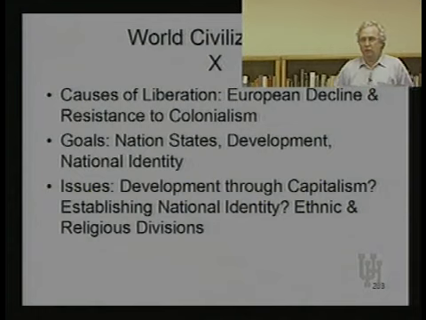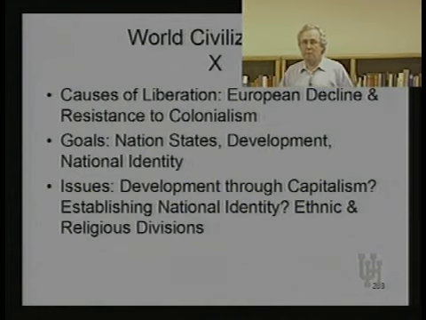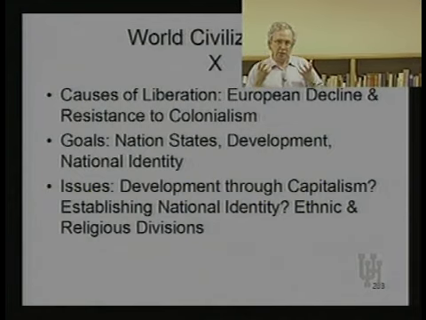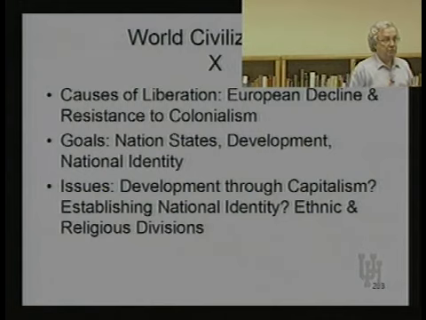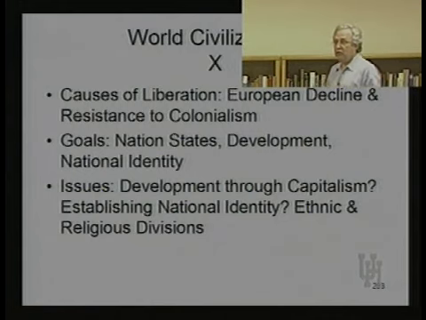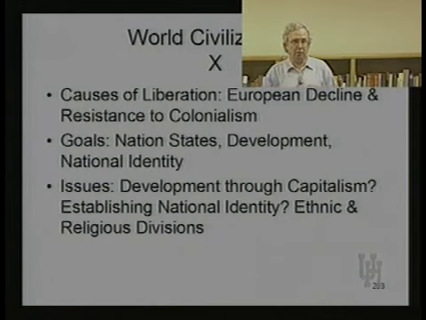National liberation, the end of colonialism, has led to major issues confronted by these new states. One was whether to pursue capitalism as a course of economic development.